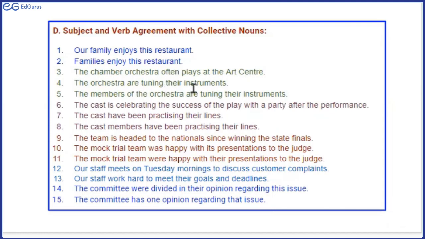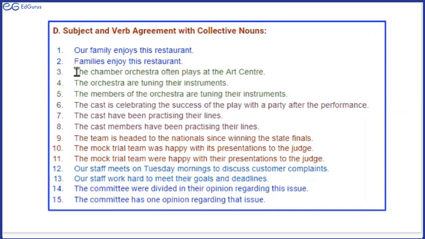Because look at the remaining sentence: tuning their instruments. Their instruments refers to the members of the orchestra, those who have their own instruments. Each one is tuning one's own instrument. Are you getting this? Yes, ma'am.